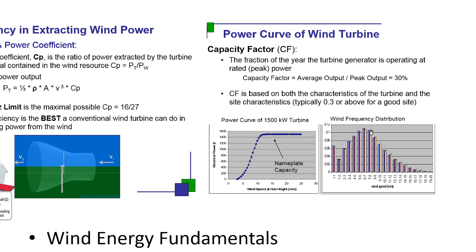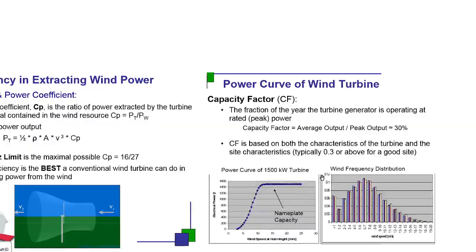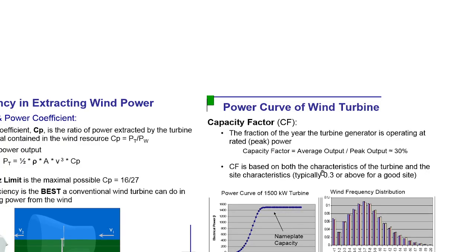You have to match the site along with the power curve, and then you can find out what is the average output, because the wind turbine may be operating at 3 to 4 meter, up to 3 meter per second, it may not operate at all. Normally that's why I showed you the previous slide.